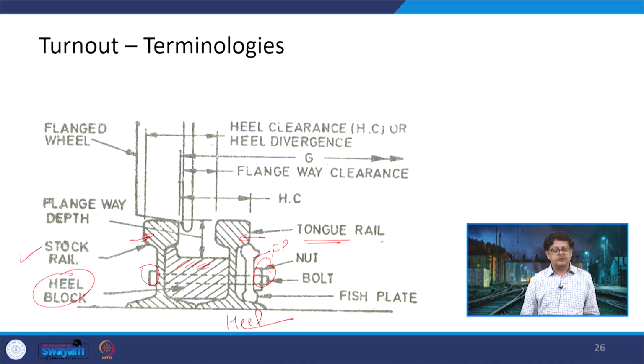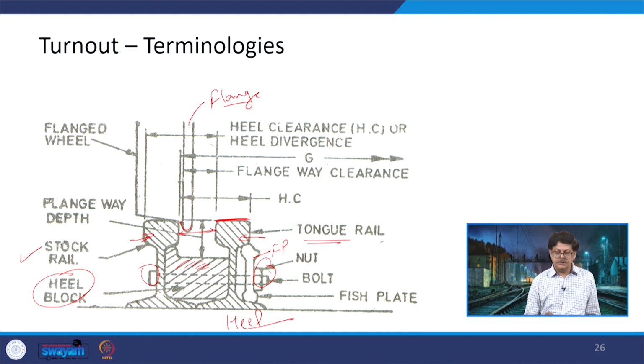Now, when you are talking about this heel divergence, it says that it is a flangeway clearance. Now, this is a flange. So, this flange can move in between. So, there is a distance by which it can move. So, we have a flangeway clearance available here. Now, if we add to this flangeway clearance the head of the rail section, then that becomes the heel clearance or the heel divergence.